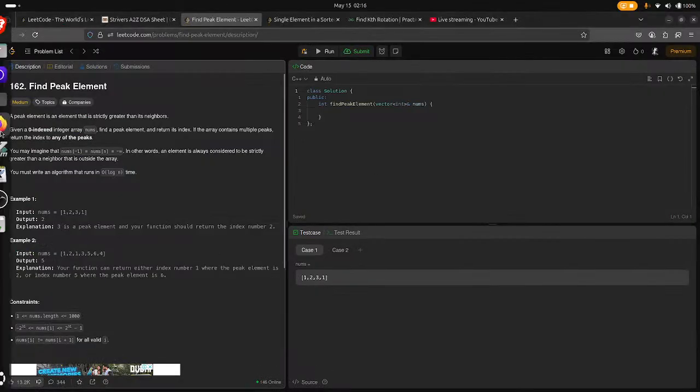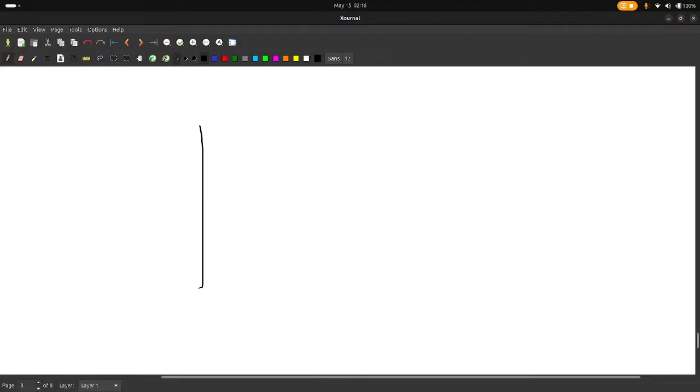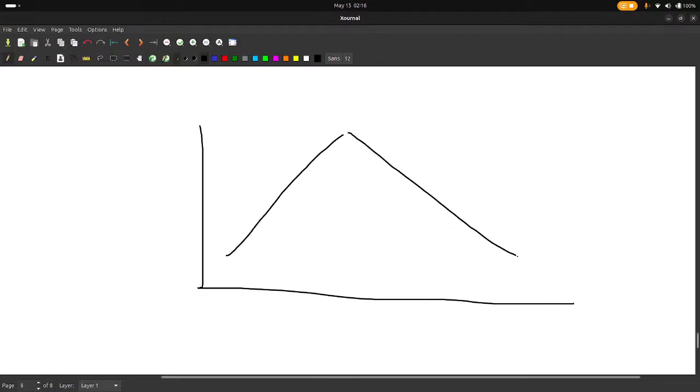So understand this carefully. This is the main image that you have to understand carefully. Let me consider I have this graph and this is my mid. Let's say this is 2 and this is 12. I'm not sure that 12 is my peak element.